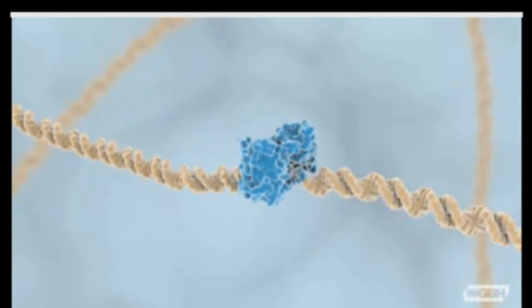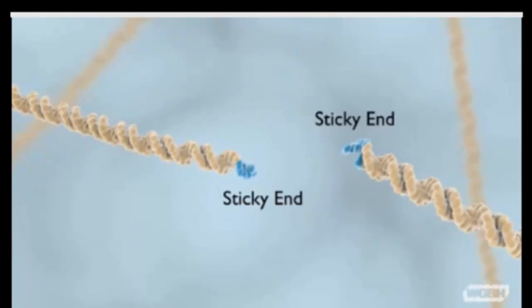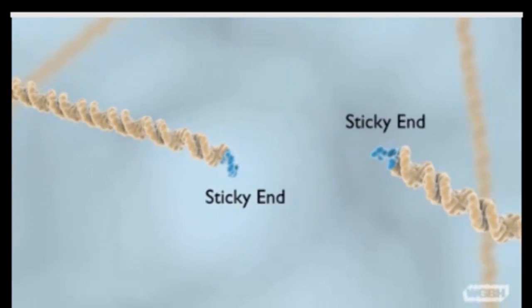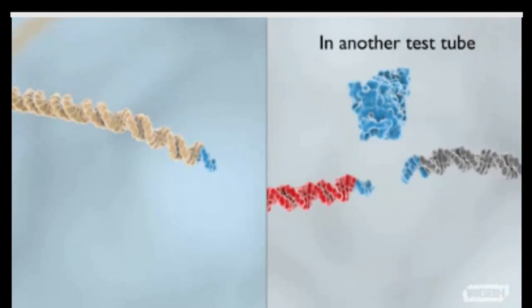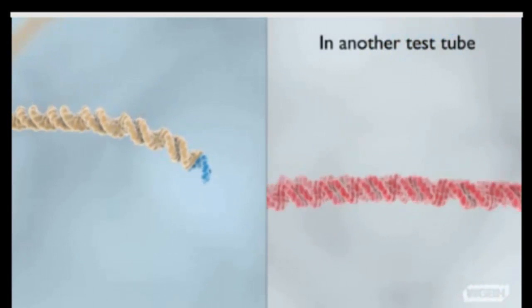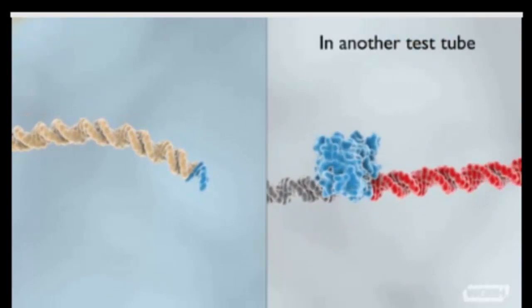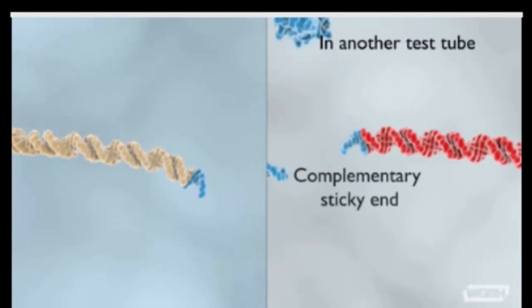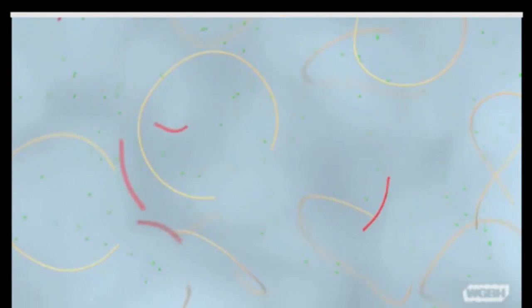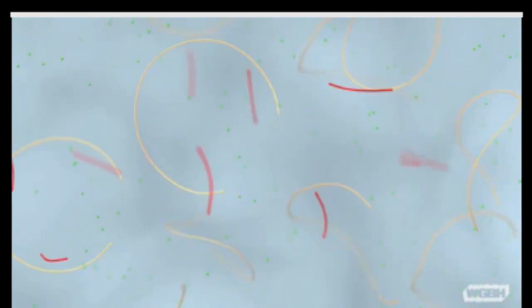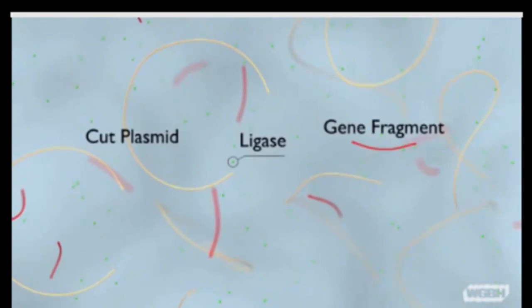Some restriction enzymes leave the DNA with uneven ends, also known as sticky ends, shown here. If the gene we wish to insert and the plasmid are both cut with the same enzyme, these sticky ends will be complementary, meaning they will readily bond with one another. In a follow-up reaction, gene fragments, cut plasmids, and an enzyme that connects DNA fragments are mixed together.